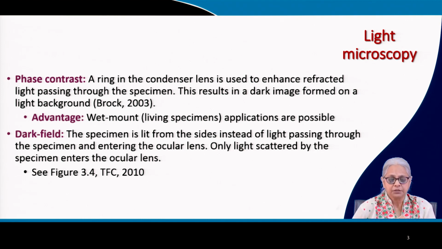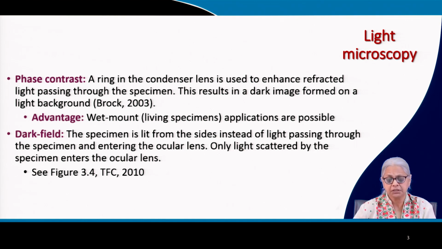And the biggest thing that is pointed out here is that the outer covering, or pellicle, of the cell is clearly visible, in contrast to bright field, because in bright field you have a light pellicle against a light background, so it's not very clear. In this case you have a dark background and a light colored pellicle. So this external covering of the cell is much clearer in phase contrast microscopy.